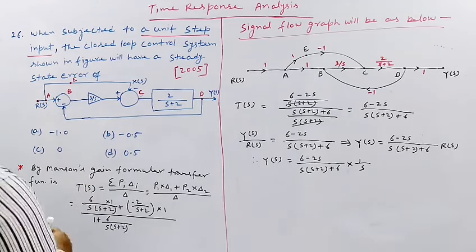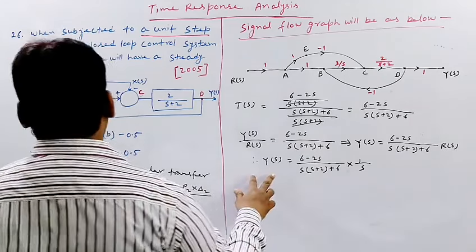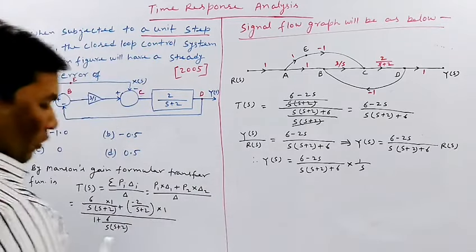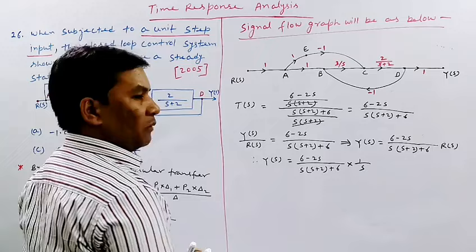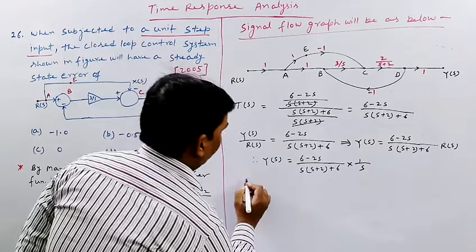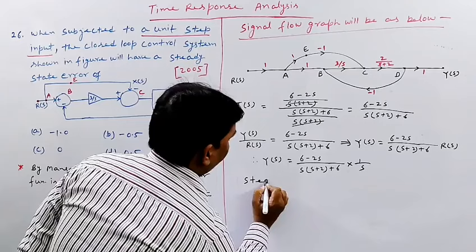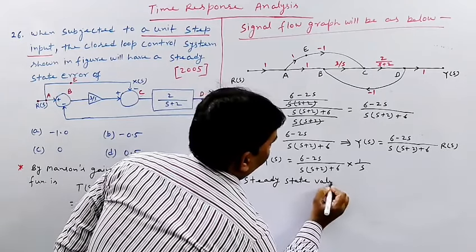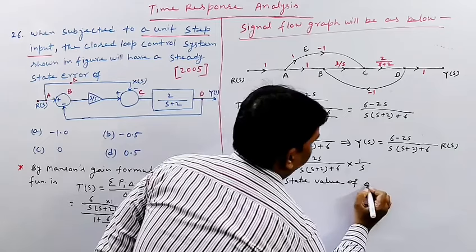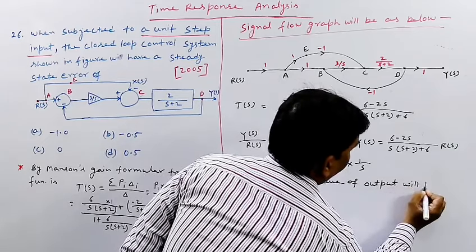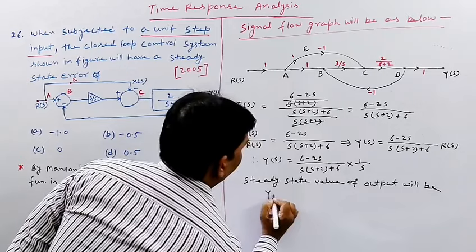So let us find out the value of Y(s), the steady state value of output. Let us denote the steady state value by Yss. So the steady state value of output will be Yss.